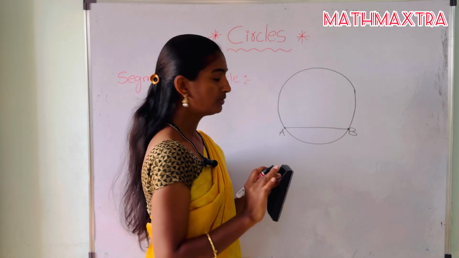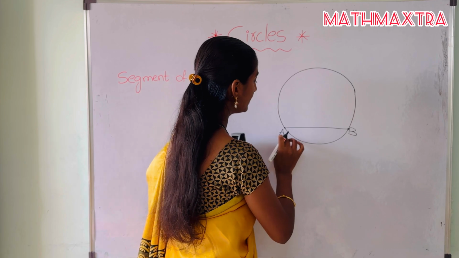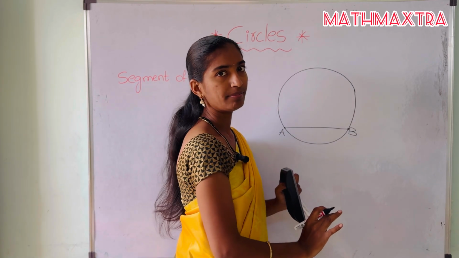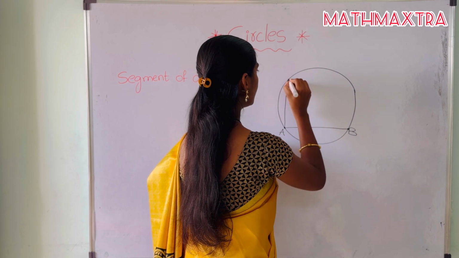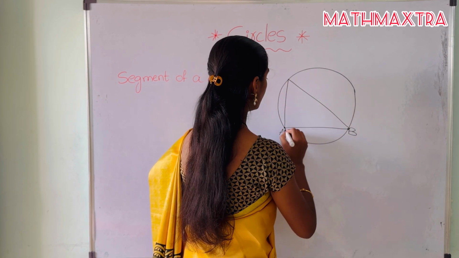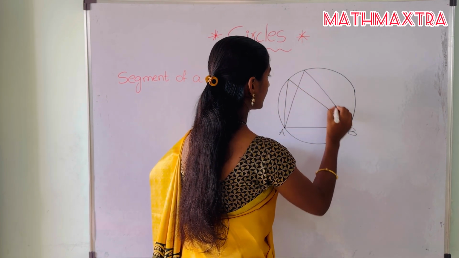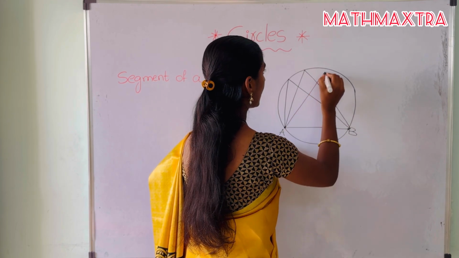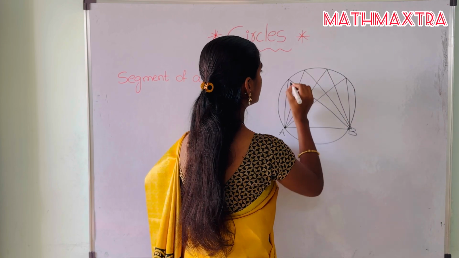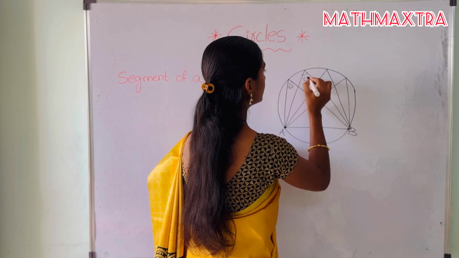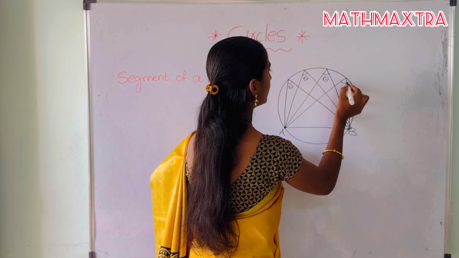So you observe the property: this arc AB makes an angle at any other part of the circle. We have seen that the angles made by the same arc are all equal, which is theta, theta, theta.